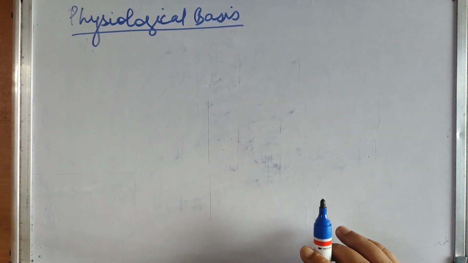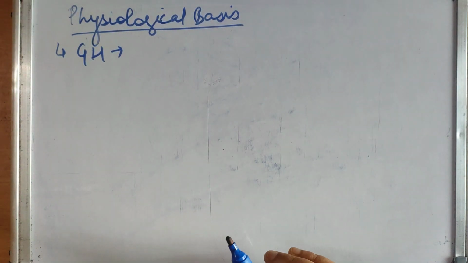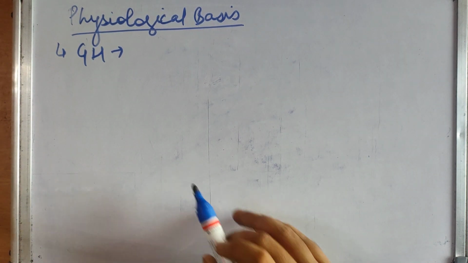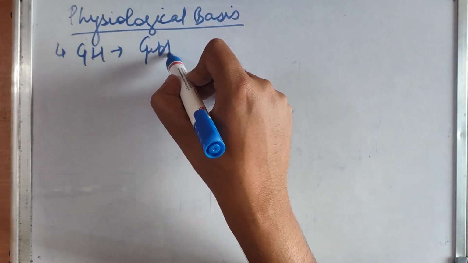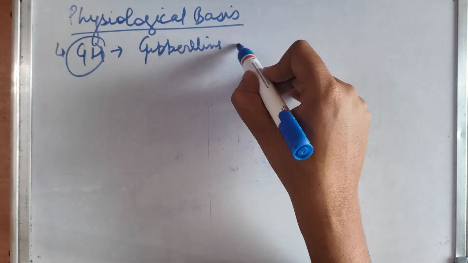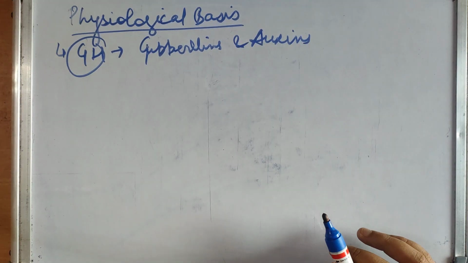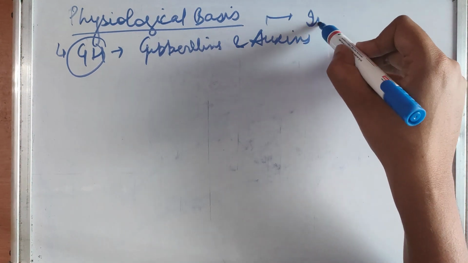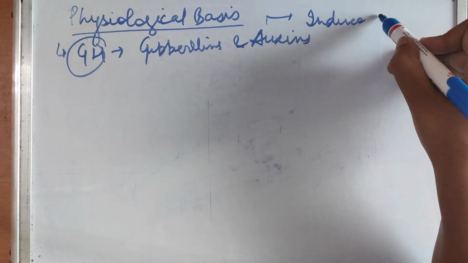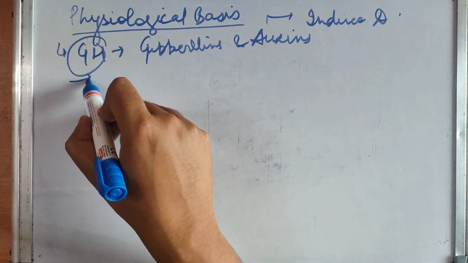First one is GH, that is gibberellins and auxins, growth hormones. So gibberellins and auxins are these two growth hormones that induce dormancy. There are germination inhibitors.